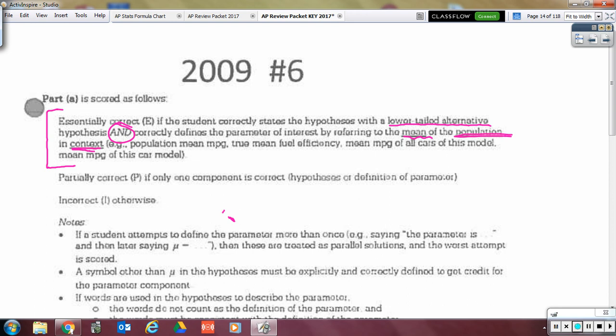For example, population mean miles per gallon, true average fuel efficiency, average miles per gallon of all cars of this model, and such. You get partial credit, which is half of a point, if you just have one or the other of those items.